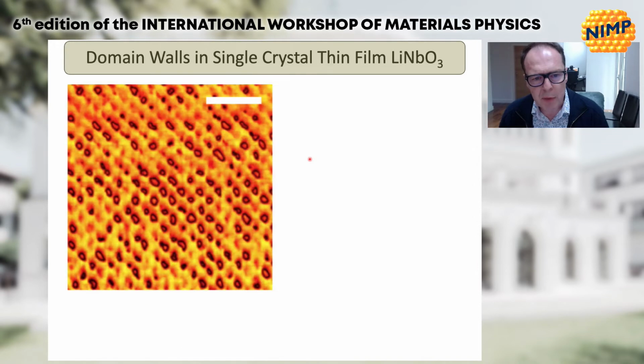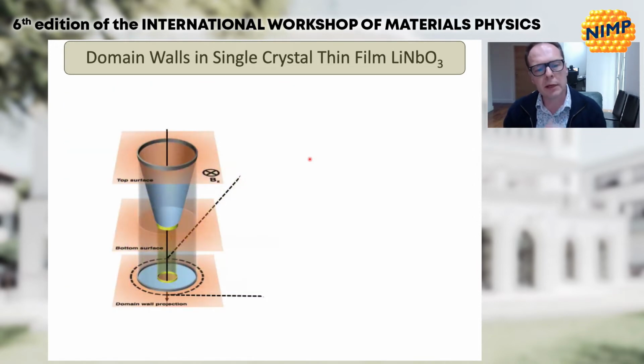Okay, but the real money here is in the realization that, to a first approximation, this conical morphology of the conducting pathway in the LNO domain walls is very similar to a Corbino disk. So the top electrode here just contacts this top rim of the domain wall at the top surface.